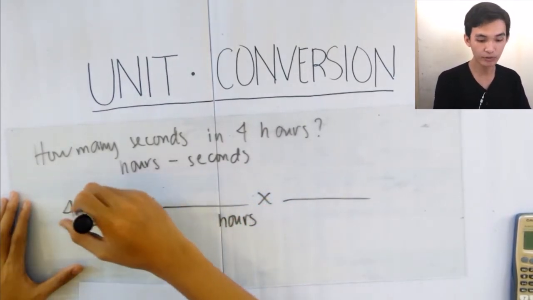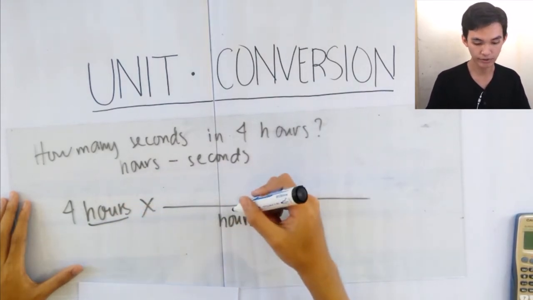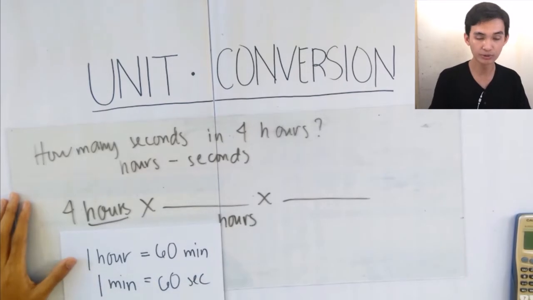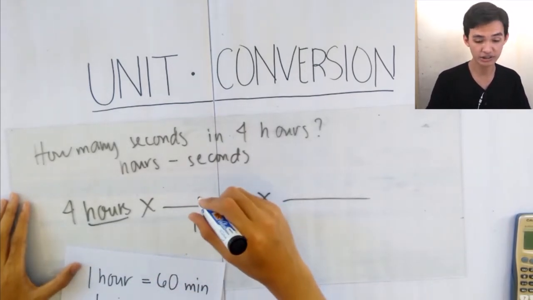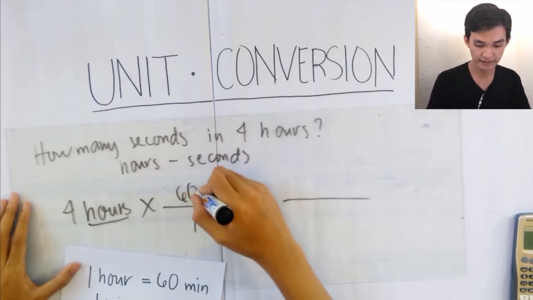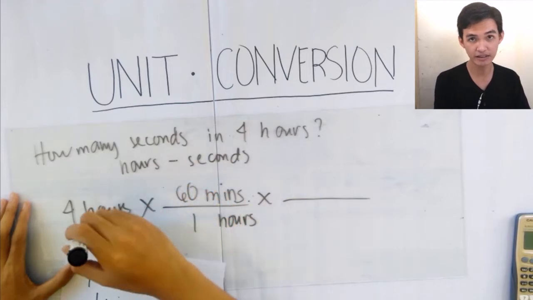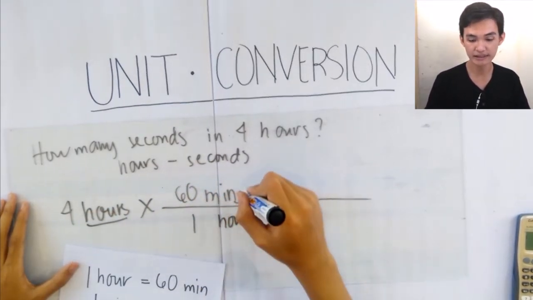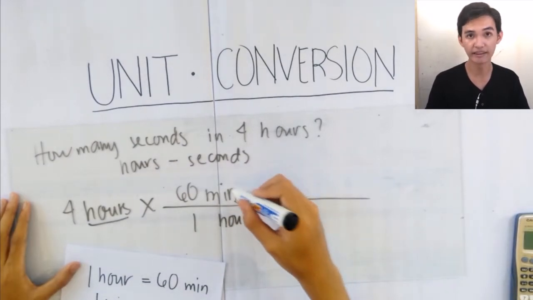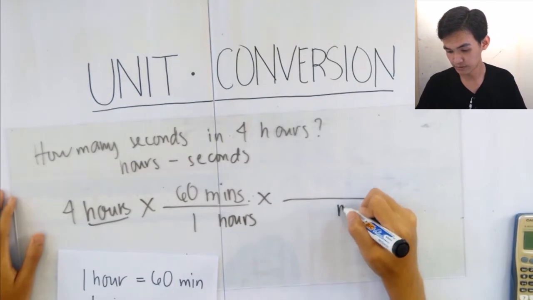And again, 4 hours times the fraction form of the first conversion between hours and minutes. 1 hour is equivalent to 60 minutes. And just like what we did in this part, we need to copy the unit that is in the upper part and then copy it to the lower part, which is the denominator.